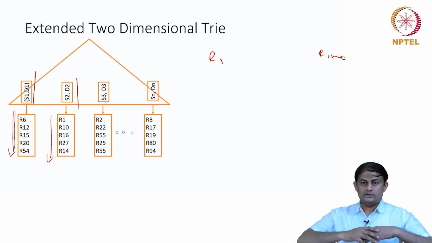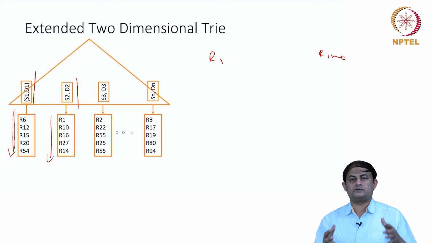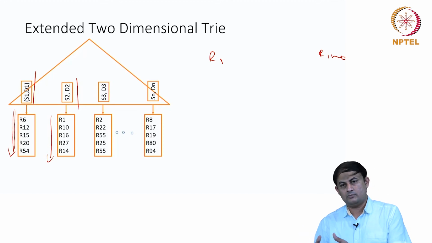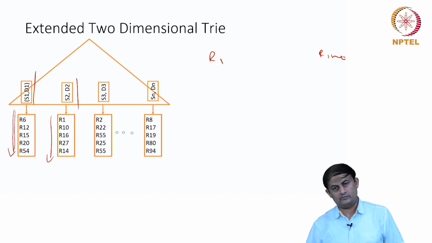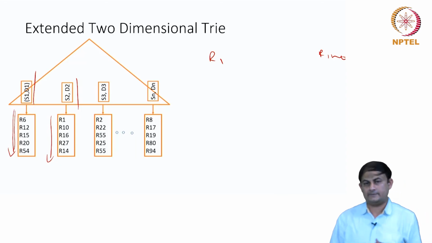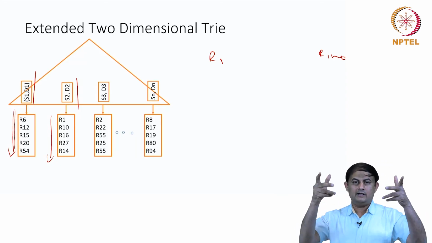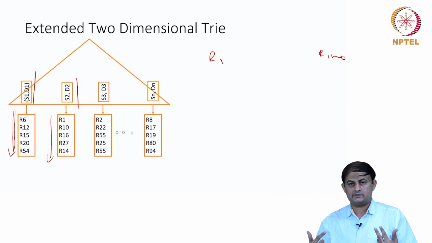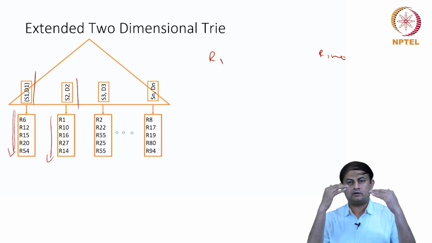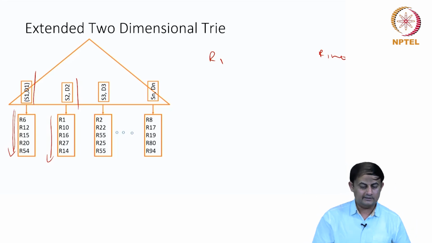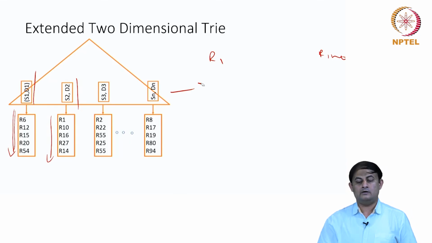So if I have multiple dimensions, source and destination IP address are the two components, but there are a bunch of other fields, dimensions also in my classifier, I build a data structure for two-dimensional classification in the first place. So that is the first level identification that you do.